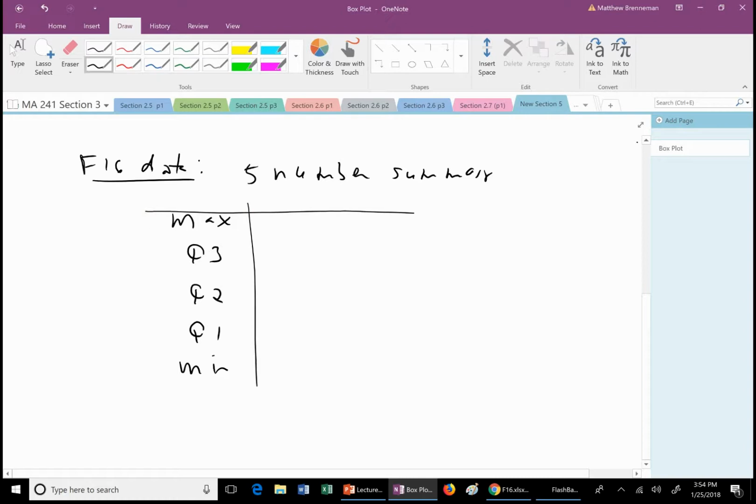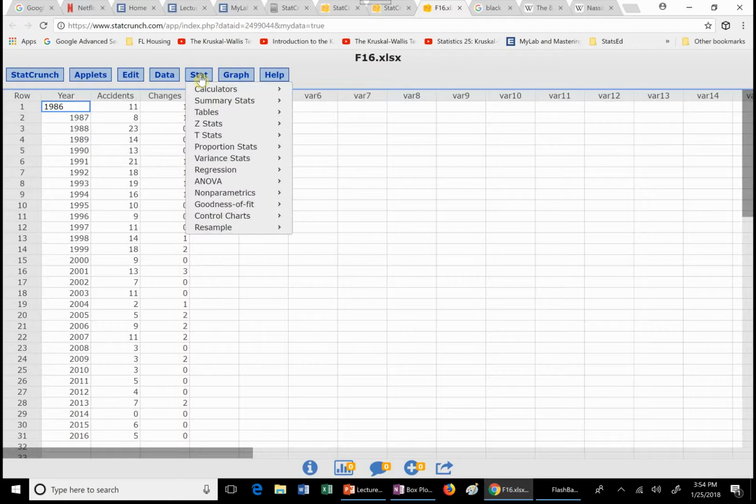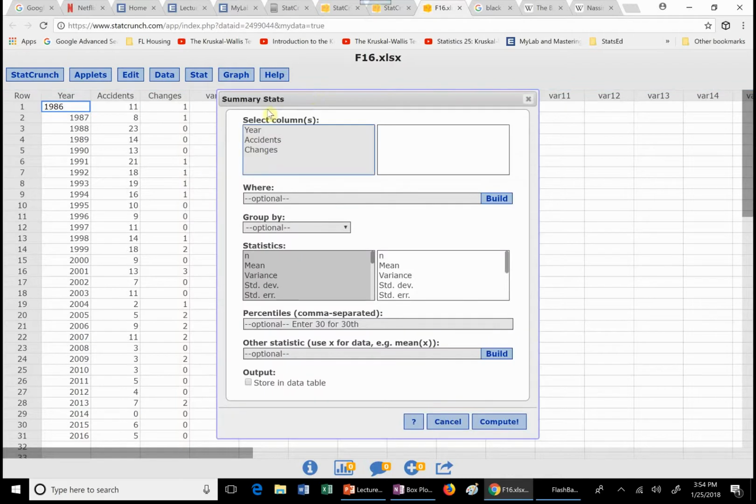You could do it by hand, but I'm going to use StatCrunch. It's a lot easier. So I'm going to get these values. Let's go back to StatCrunch. I'm going to click on Stat, Summary Stats, Columns. And I want to look at the variable accidents. I'm going to pick out these values now. So what do I want?